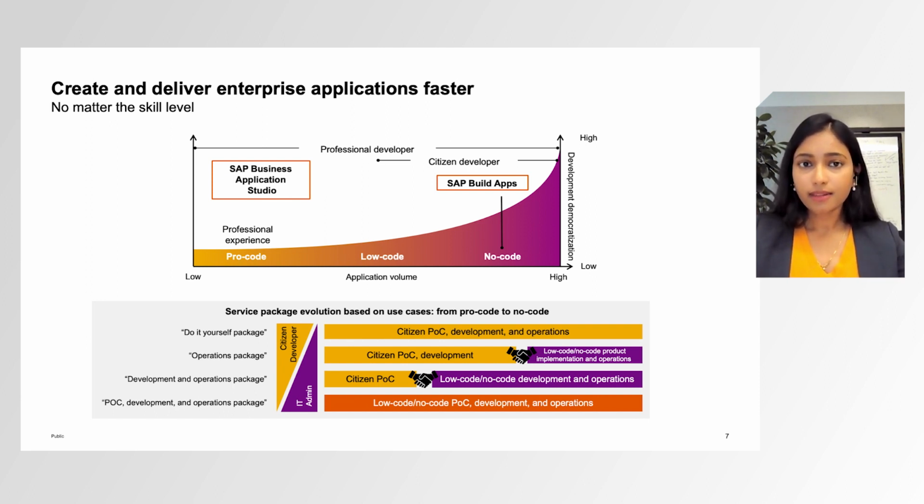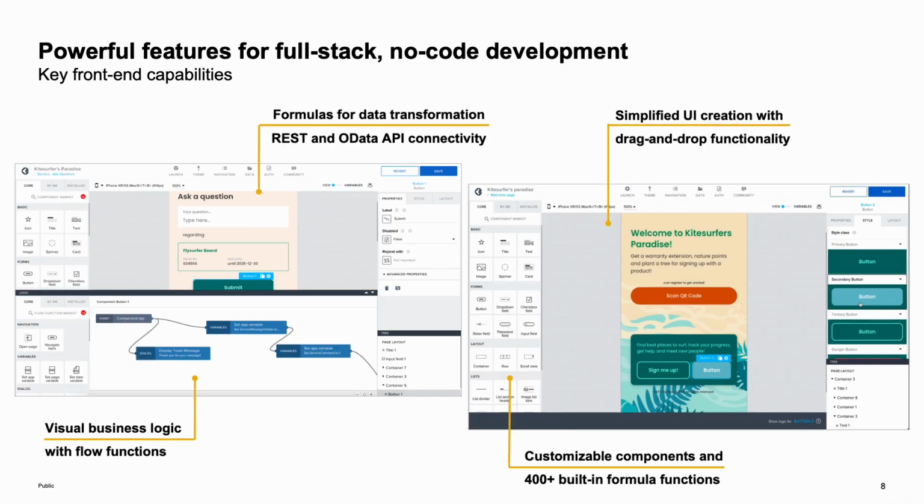The middle layer then focuses on fusion teams between citizen developer and IT admin personas to contribute their part in the lifecycle of the project. For example, the citizen developer can do the development and then hand it over to the IT admin for testing the application and finally push it into production.